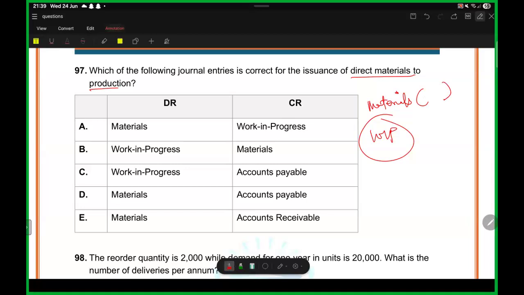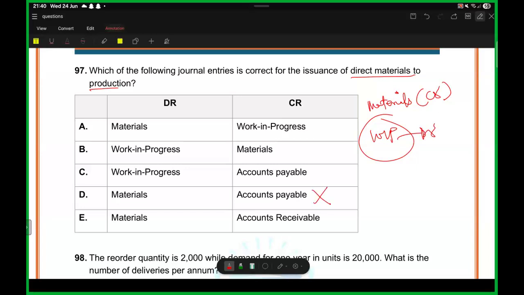So who is giving, who is receiving? I am issuing materials from store, so material is leaving the store. Once material leaves, you credit what is leaving. When you are receiving something, you debit what you are receiving. So now you debit WIP and credit materials. Accounts payable and creditors do not apply here; we are not buying anything from anywhere.